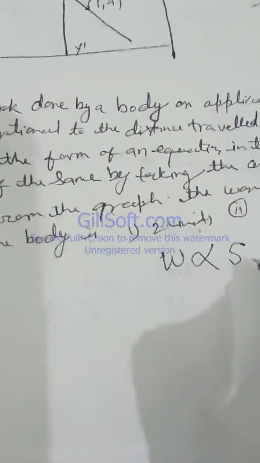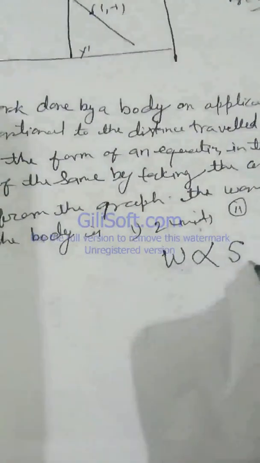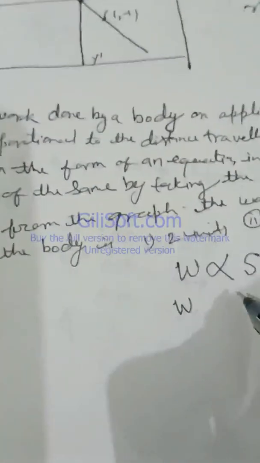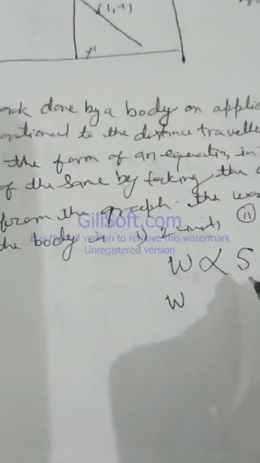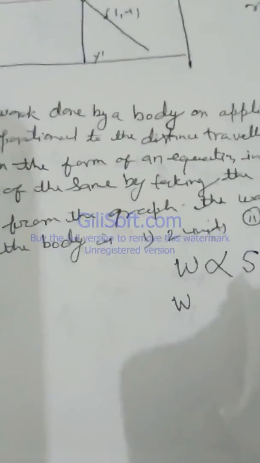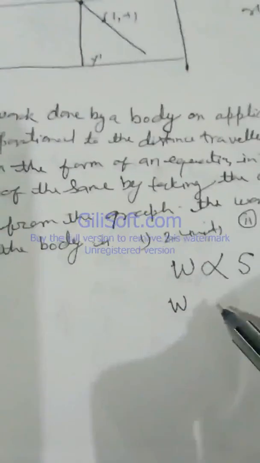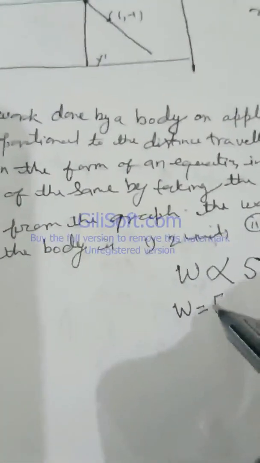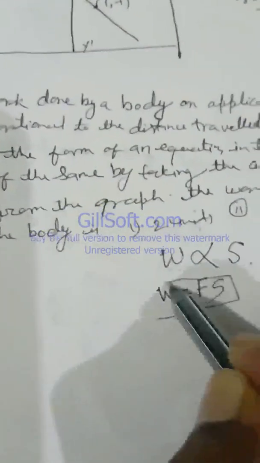Distance is denoted by s, the total distance traveled. Now for the equality sign we require a constant, and it is given the force is the constant force, so put here the constant F. This is your equation, W is equal to Fs.